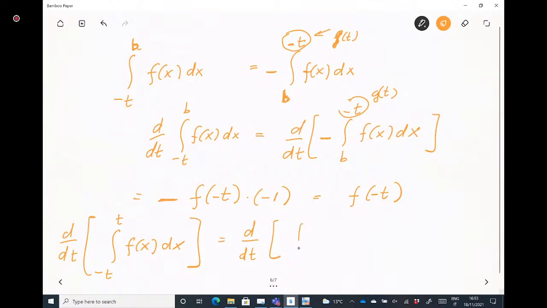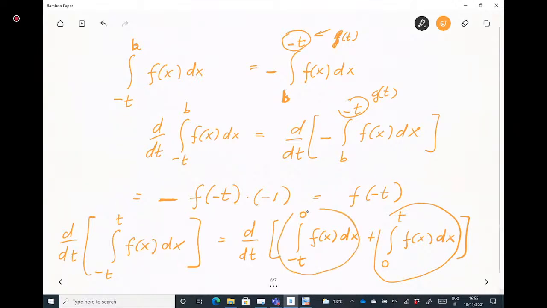So you have the integral between minus t and 0 of f of x dx, plus the integral between 0 and t of f of x dx. Now, by the fundamental theorem of calculus, you can compute this, and by my previous example, you can also compute this one.